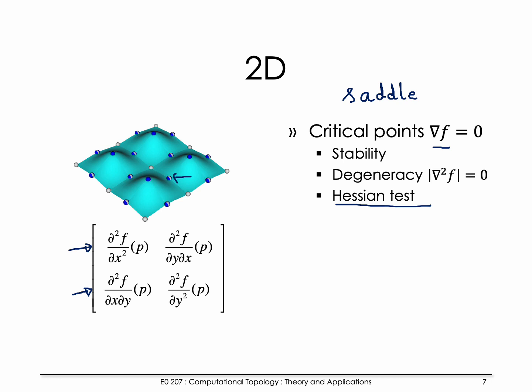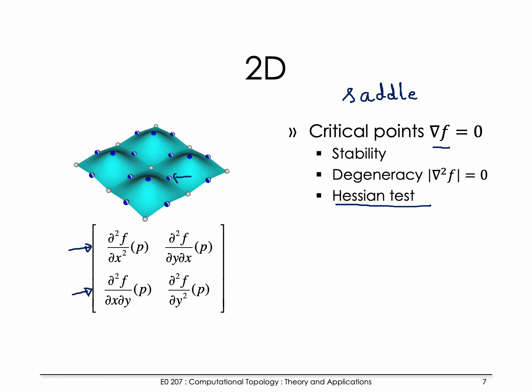Let's look at the case where at the critical point, the point passes the Hessian test. Namely, the Hessian is non-singular. Then we know that this particular matrix has two non-zero eigenvalues.